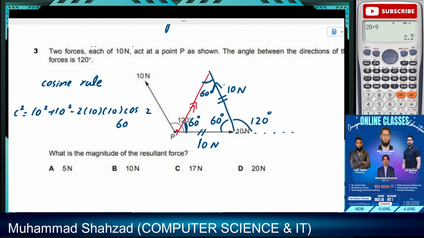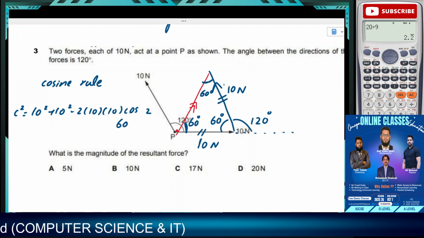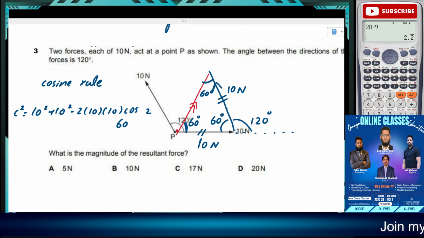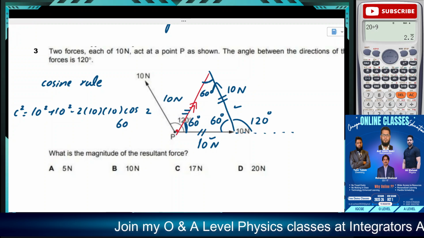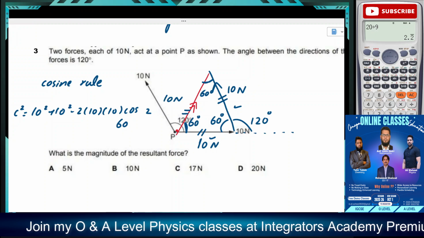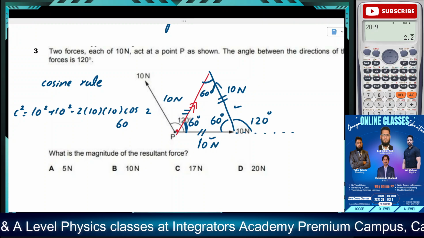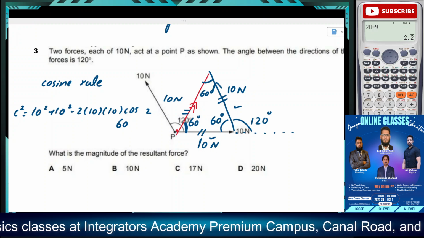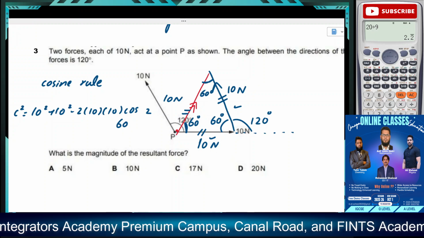What kind of triangle do we have? Equilateral triangle. If all three angles are equal, then all three sides should also be equal. So if this one is 10, this one is 10, then the third side should also be 10. Same question can be solved by the method of components also. But this is the easiest way or the fastest way to solve it.